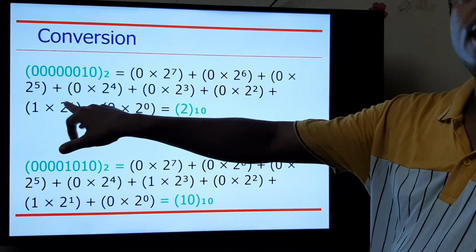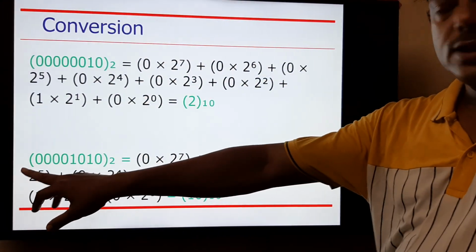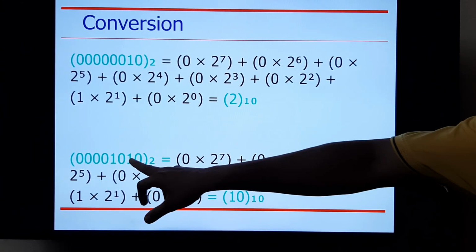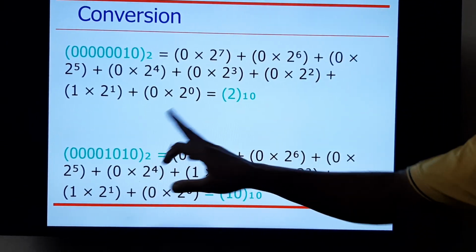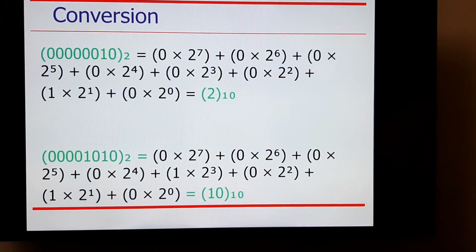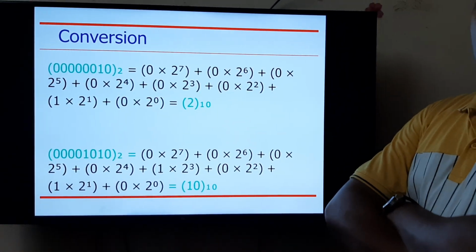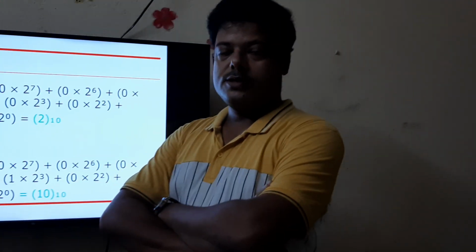This one, 2 to the power 1 into 1, result is 2. Using the same formula, the error output result is 10. This is the way to convert binary to decimal. I hope everybody knows this one.